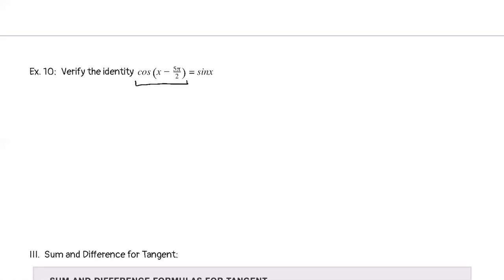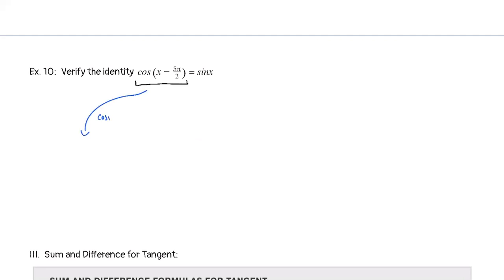But if we think about all the other identities that we know, the quotient one, the cofunction, the reciprocal ones, the Pythagorean ones, this one doesn't really match any of the ones that we learned previous to today, but it does match our difference of cosine. Okay, so we're going to use the difference formula for cosine.